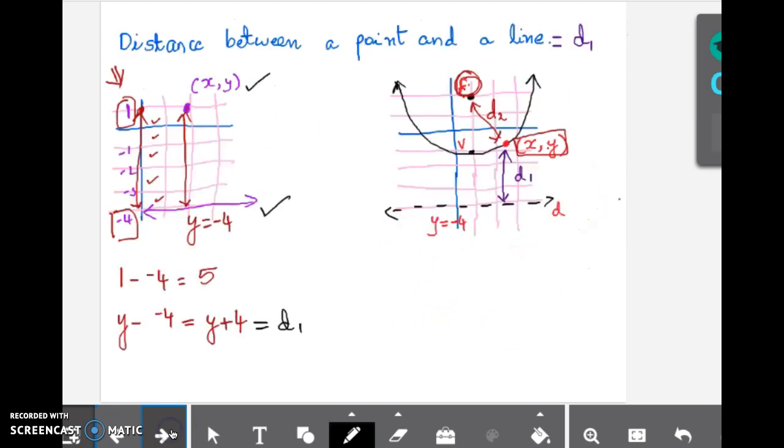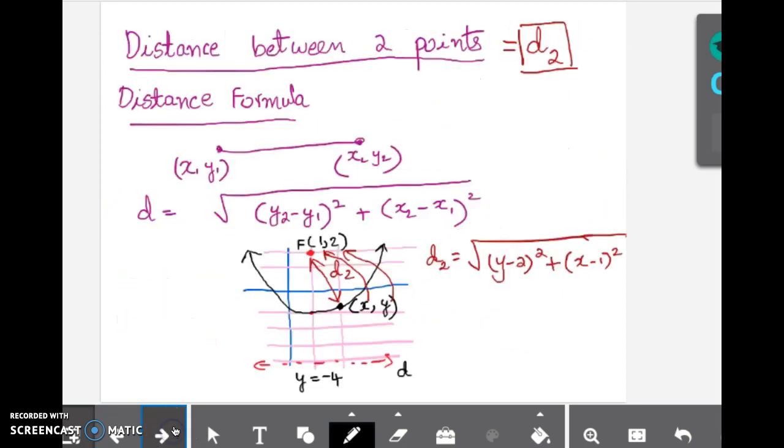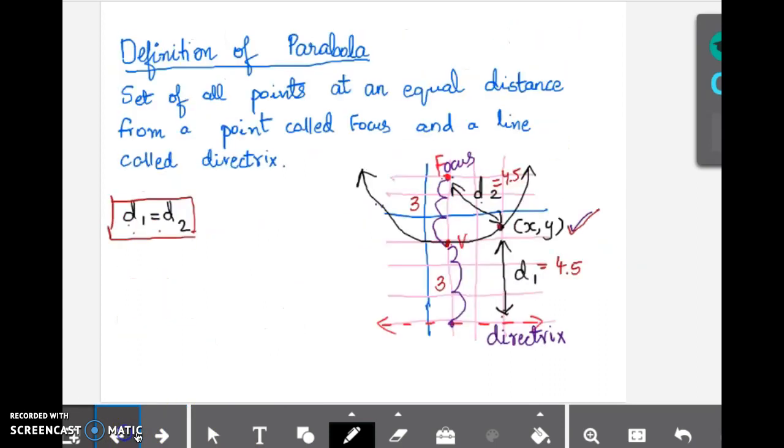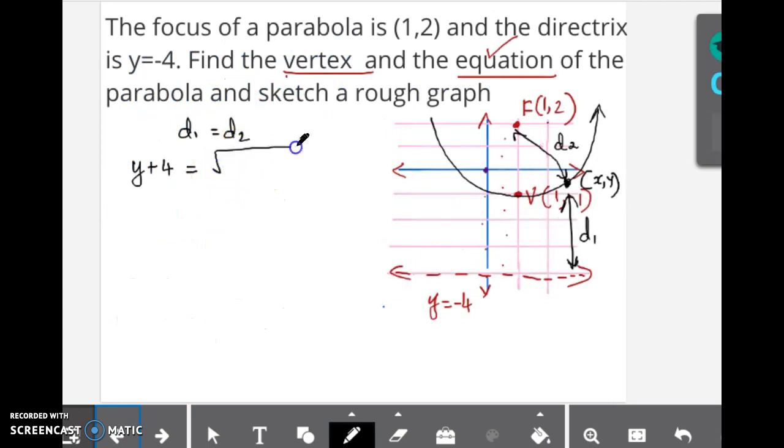Let's go to the screen where we discussed d2. It's the distance between 2 points. One is the focus (1, 2), another is the point (x, y), which we already did. We found that distance to be the square root of (y minus 2) square plus (x minus 1) square. So back to our first screen, instead of d2, I'm going to put the square root of (y minus 2) the whole square plus (x minus 1) the whole square.